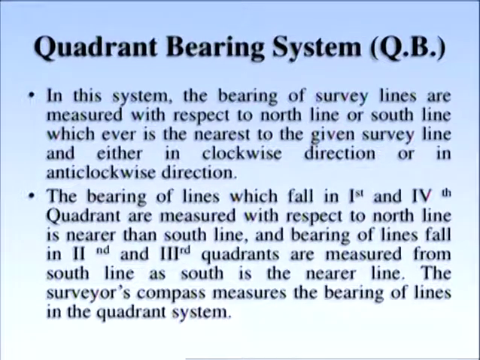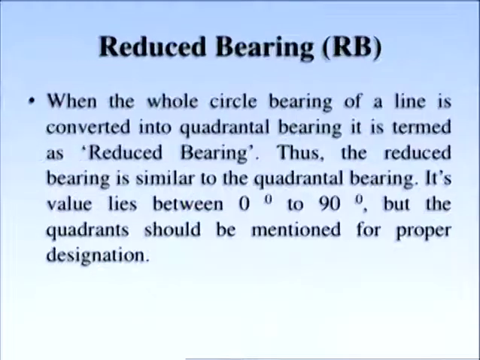Our first letter is north, toward the east or toward the west. If our line is lying in the second quadrant or the third quadrant, then we measure our angle with respect to the south direction, south to east or south to west, because the south pole is very near to our line.